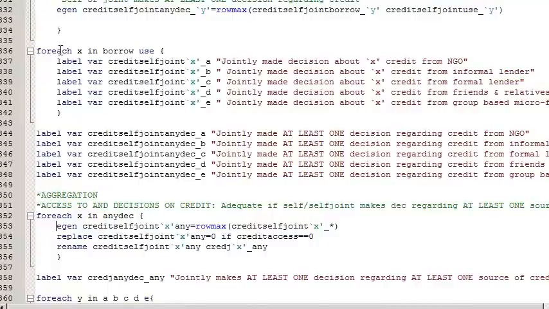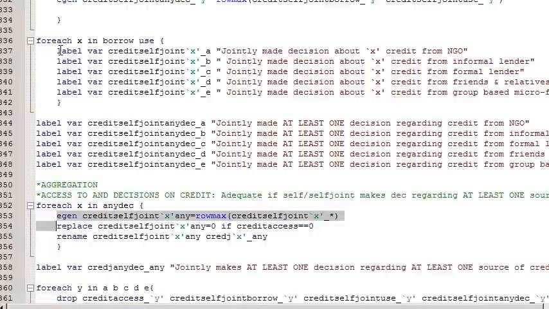In the second level of aggregation, we create the indicator credit self-joint any decision any. This indicator is equal to 1, that means it considers the individual adequate, if the individual makes at least one of the decisions regarding at least one source of credit. However, if the household has not used any source of credit, then the individual is considered inadequate in terms of access to and decisions on credit.